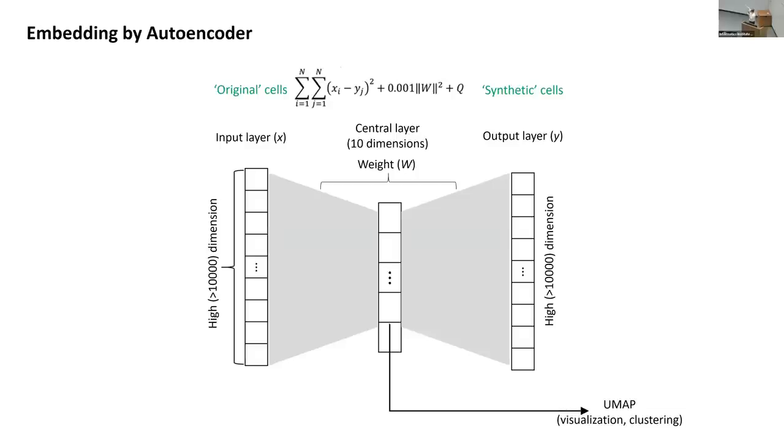Between input and output, we try to make the synthetic cell at the output layer as similar to the input layer as possible. In this deep autoencoder architecture, we take the middle layer, which has the smallest number of dimensions, and we use that layer for UMAP, clustering, and so forth.